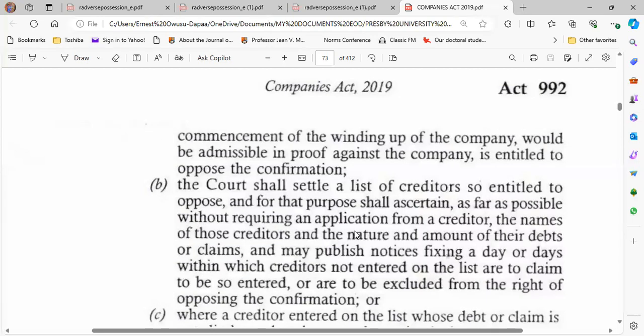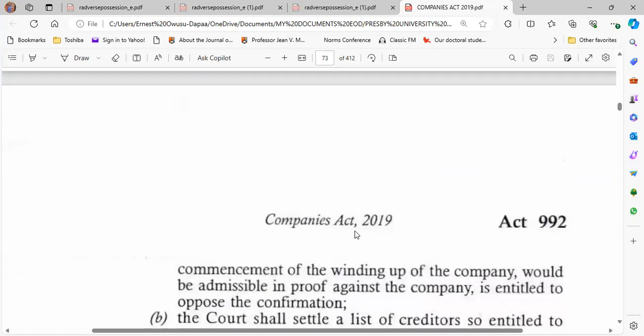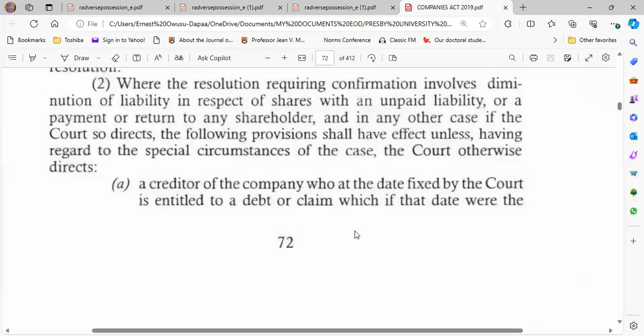So the law actually recognizes the right of people, assuming the company were to be put on the path of winding up or liquidation, and you are entitled to make a claim against the company.